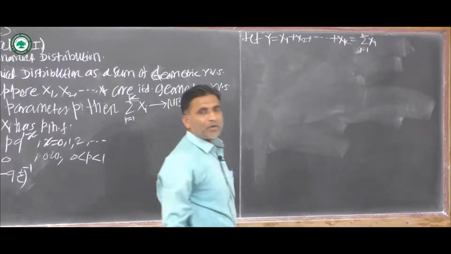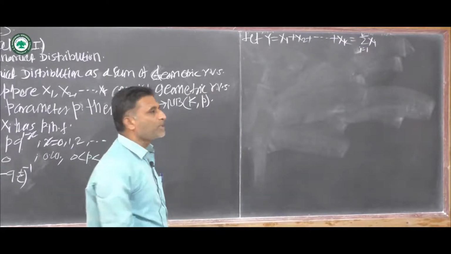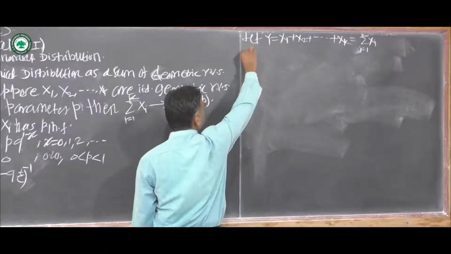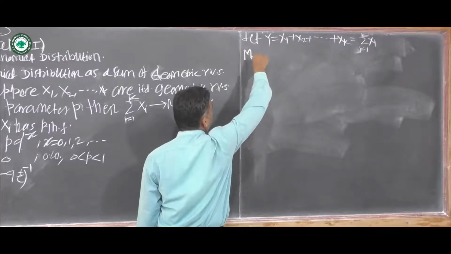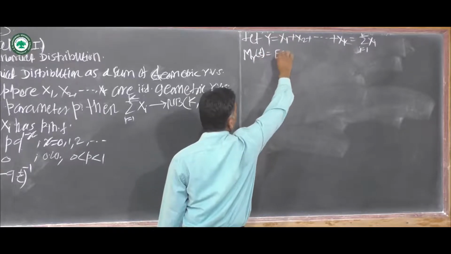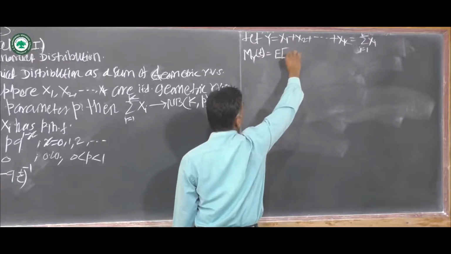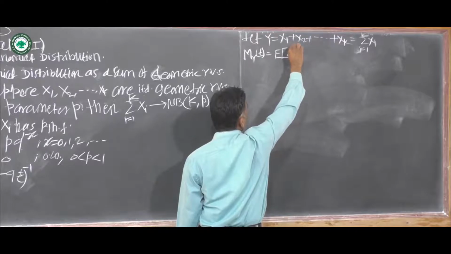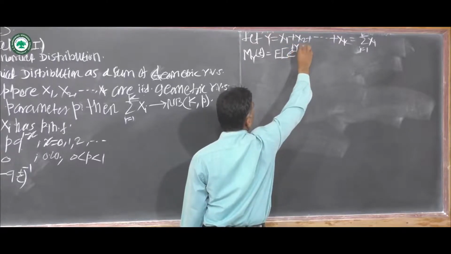This is the y. Now we obtain the MGF of random variable y. M_y(t) is equal to the expected value of e raised to t into y.